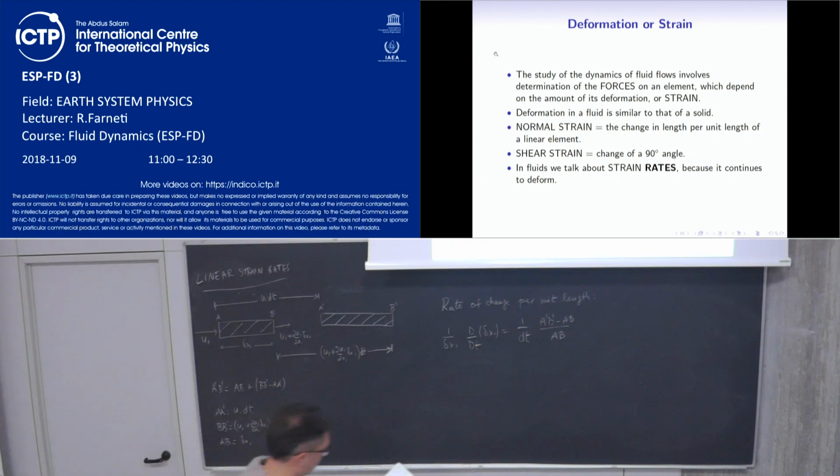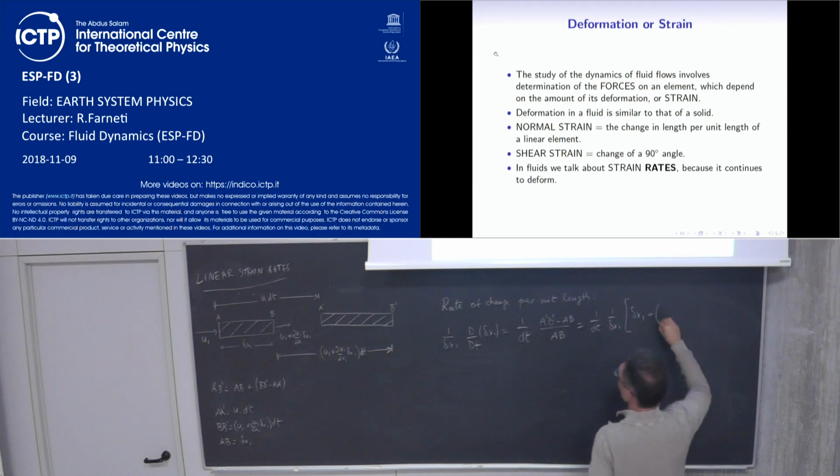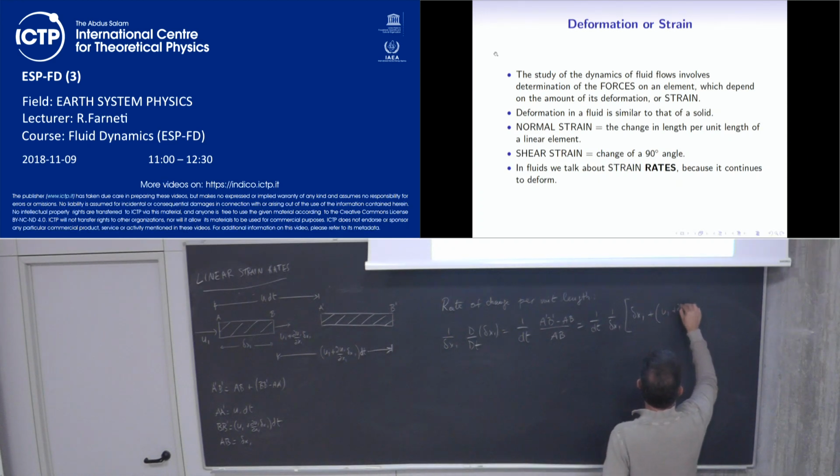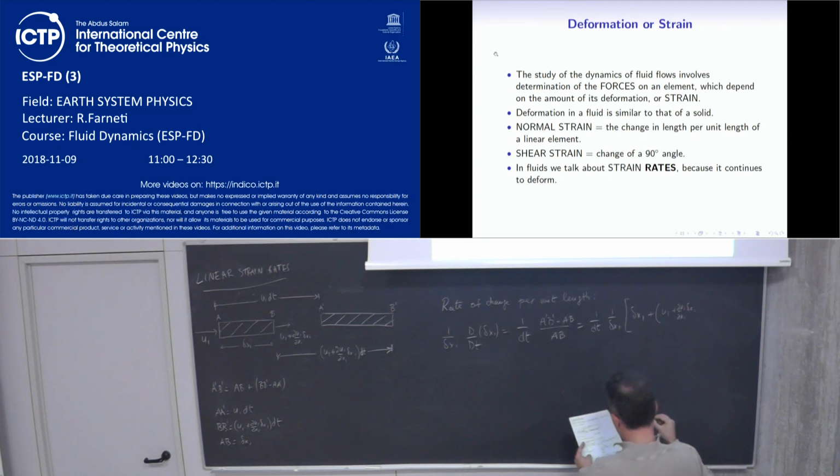Okay, so now we're going to substitute all that in here. So this is the rate of change per unit length of A prime B prime, which is AB, delta x1, plus BB prime, times dt, minus AA prime, U1 dt, minus AB, delta x1.